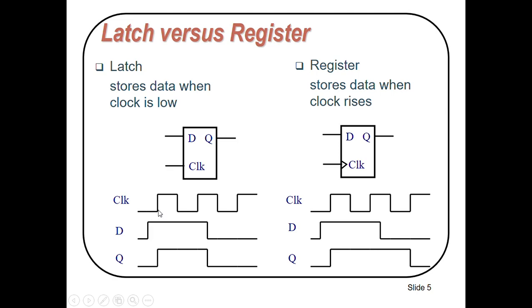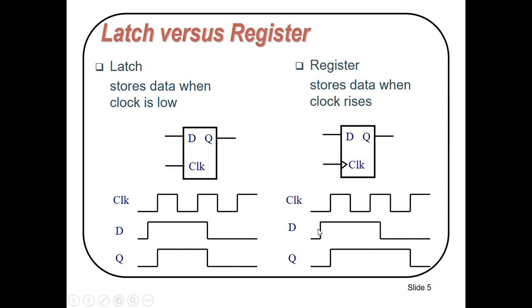Here the clock is high and the input is high, so the output is high when we apply the clock. This output will remain unaffected as long as our clock is high and input is high.